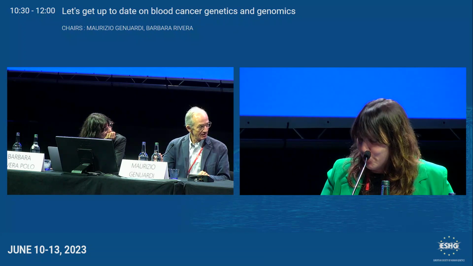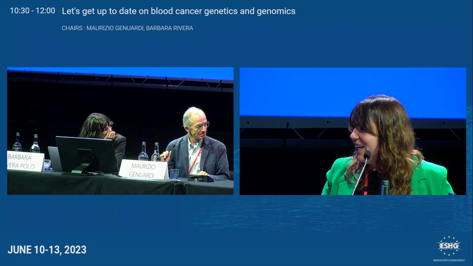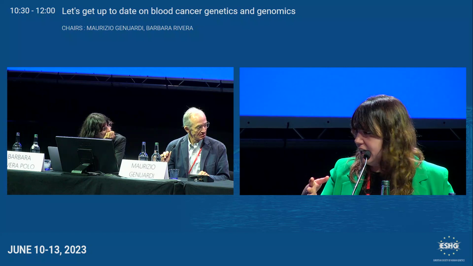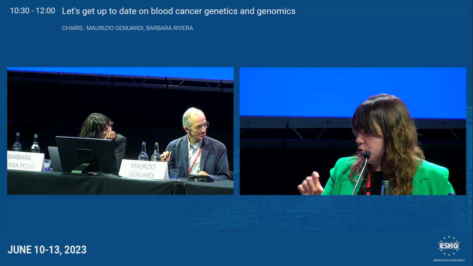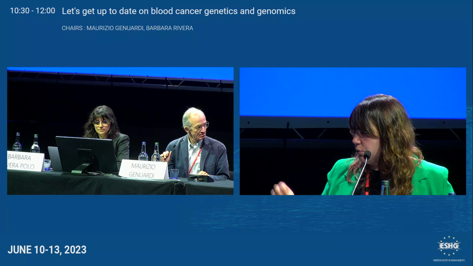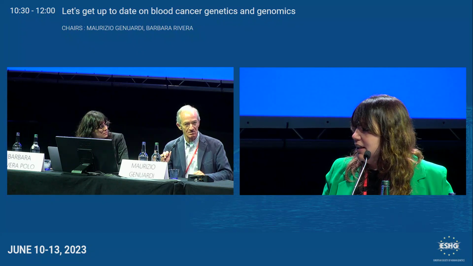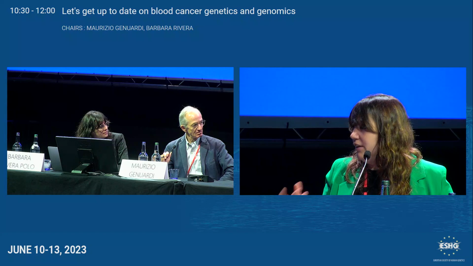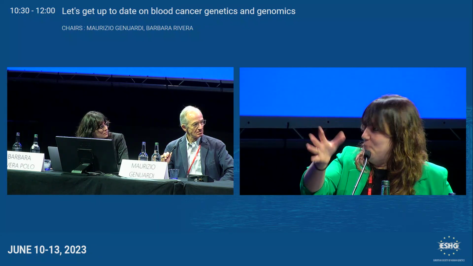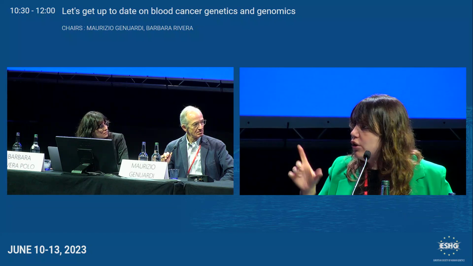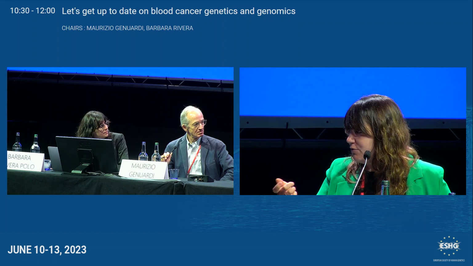So we have a project exactly working on that, trying to identify if there are different VUS, if there are some VUS that can be clearly classified as likely pathogenic, but we need biomarkers. So we need to understand first what this loss of function of DDX41 does from a functional perspective, and then identify biomarkers, and see if we are able to classify some of the VUS as more pathogenic, or if some of the VUS are more prone to acquire this second DDX41 hit or not.